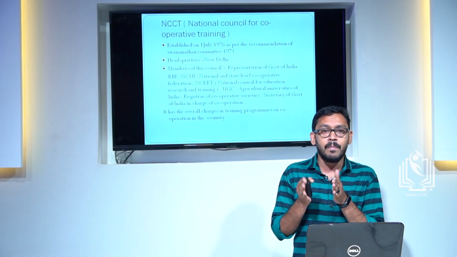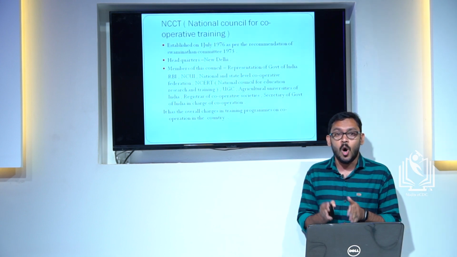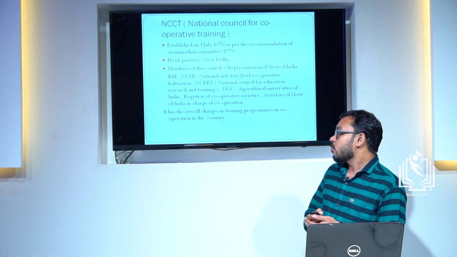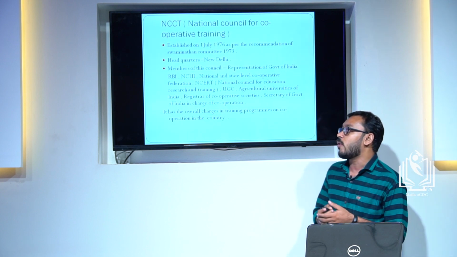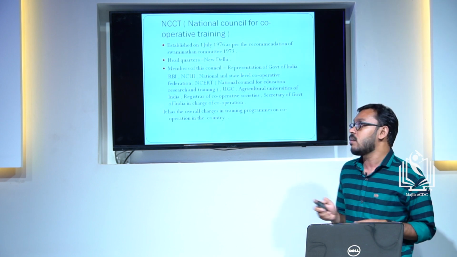These are the members of this council, and its prime motto is the overall charge of the training program on cooperation in the country, and the NCCT has a 3-tier structure.